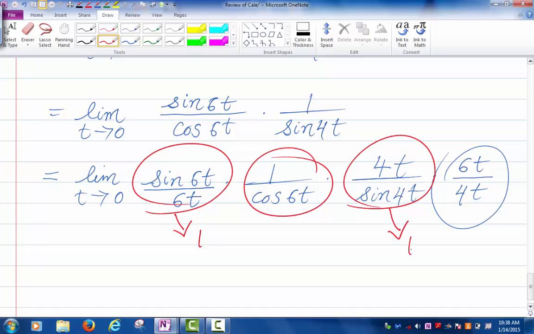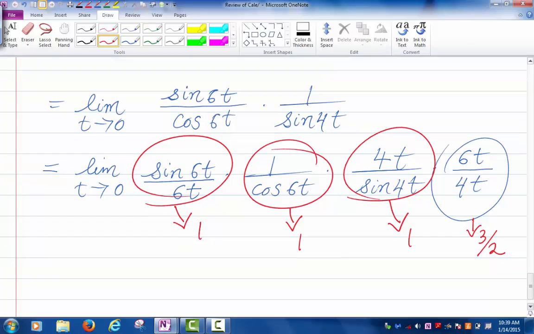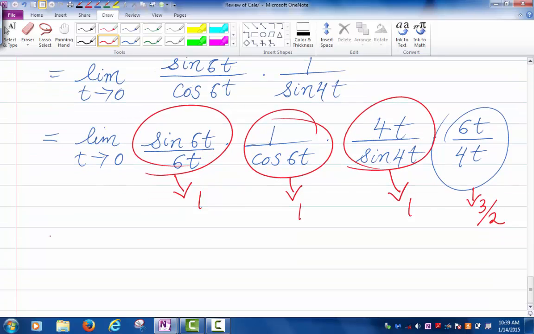If sine theta over theta goes to 1, then theta over sine theta will also go to 1, right? And what's happening here? Well, just plug in 0 for t. What do you get? 1 over cosine 0. Cosine 0 is 1. So you get 1. And what's this quantity here? 3/2. Okay, so at the end, what we get is 3/2.